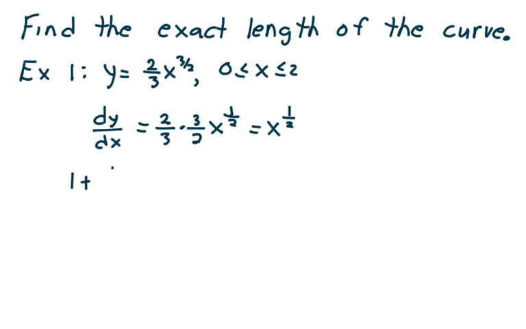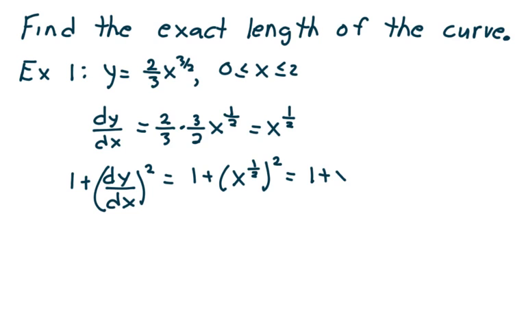If I take 1 plus dy dx and square it, I get 1 plus x to the 1/2 squared, which is 1 plus x. So L is the integral from 0 to 2 of the square root of that result, the square root of 1 plus x dx.